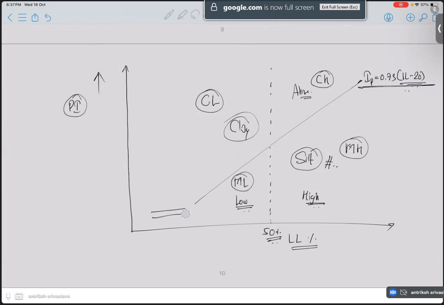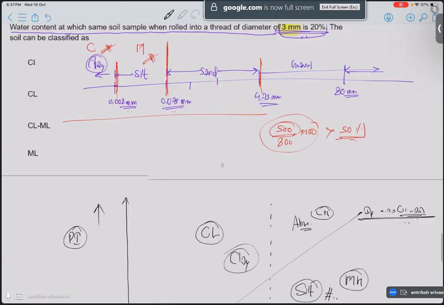And in this region, when the liquid limit is more than 10 and less than 20, you come across a region where you have low compressible clay plus silt, CL plus ML. That occurs when your plasticity index is between 4% and 7%. So let's see if we are safe, or we have to look at this kind of combination.